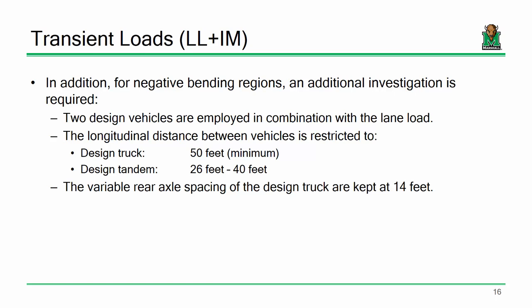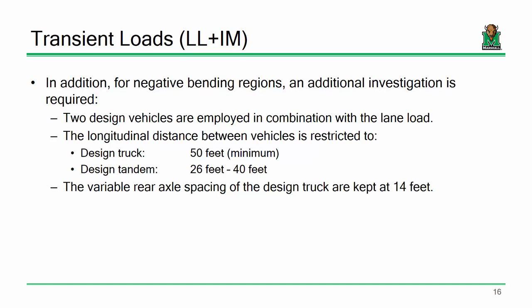There are some instances where it falls short, and specifically those are around negative bending regions. Remember, if you have a two-span bridge, those end and middle spans are smiley face, but then around the pier we have frowny face, negative bending region. The one place that this load model kind of falls a little short is around those negative bending regions. It's just not quite enough load there.